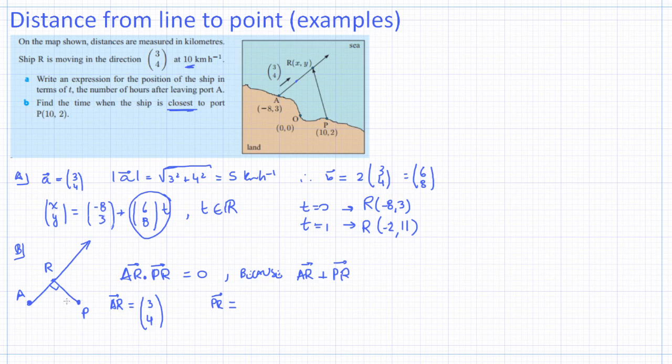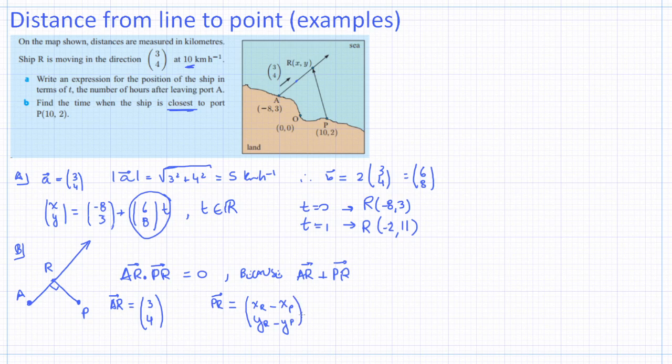Now PR is slightly different, because we're going from point P, which we know the coordinates, up to point R, which we were given an equation for. So vector PR is in fact coordinates of point R minus coordinates of point P, right? So PR, let's just say XR minus XP, and YR minus YP.